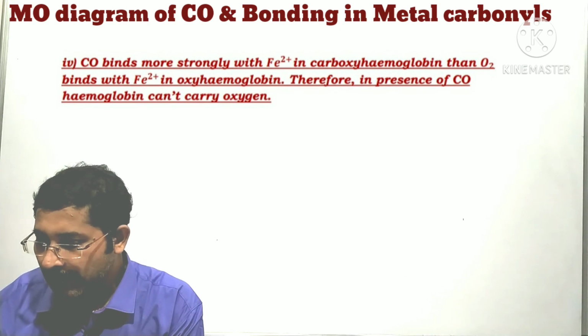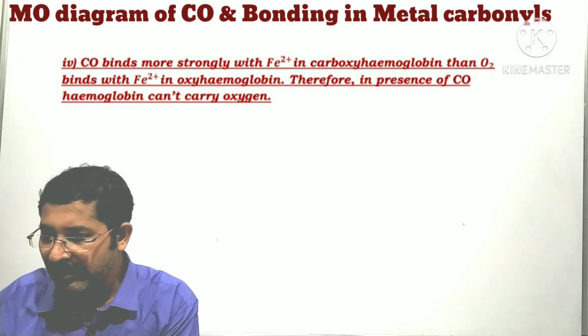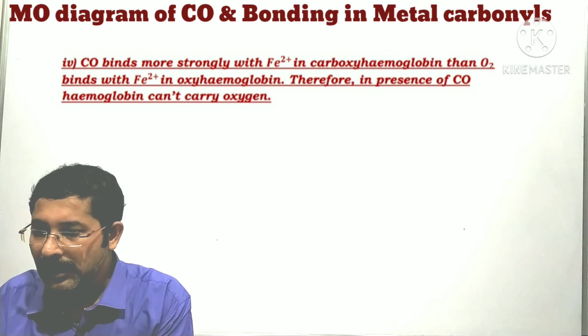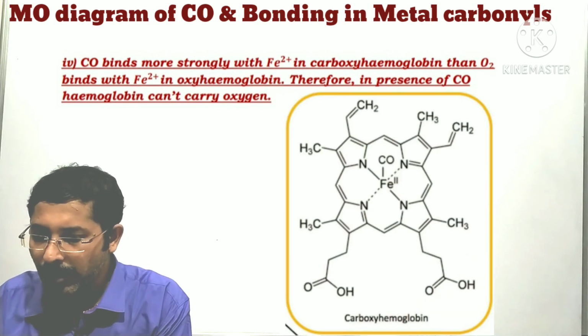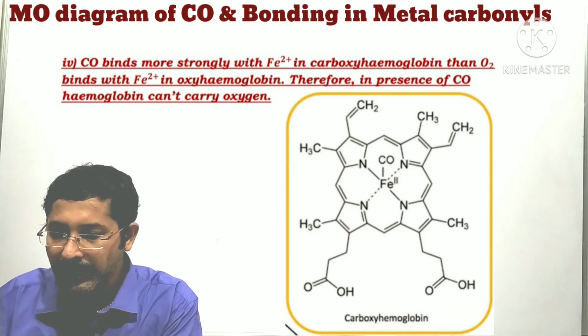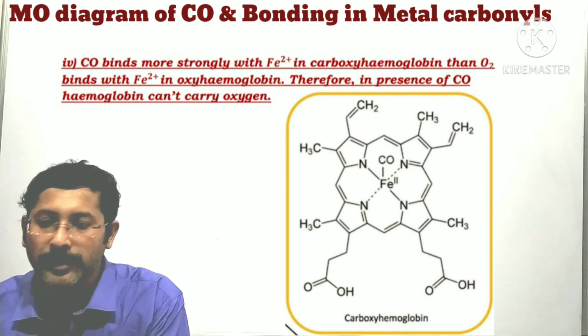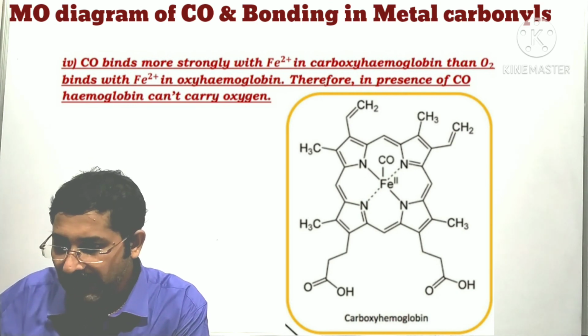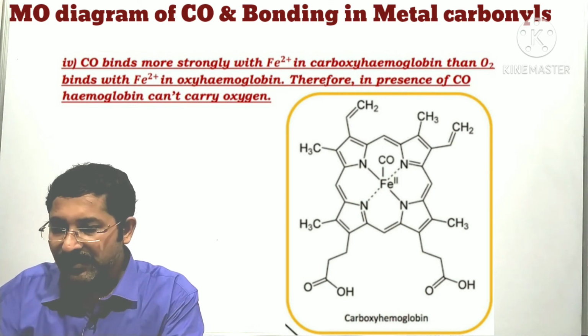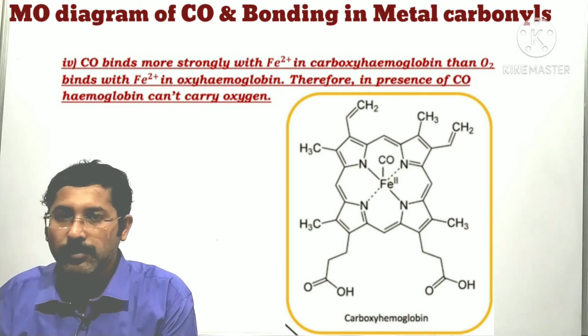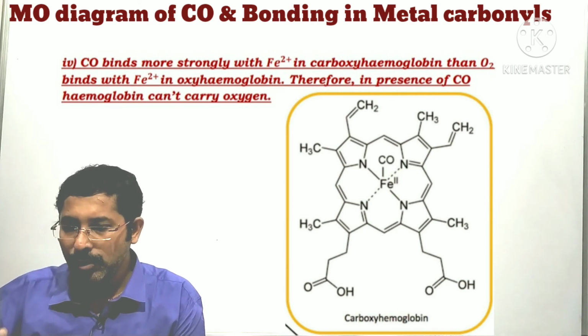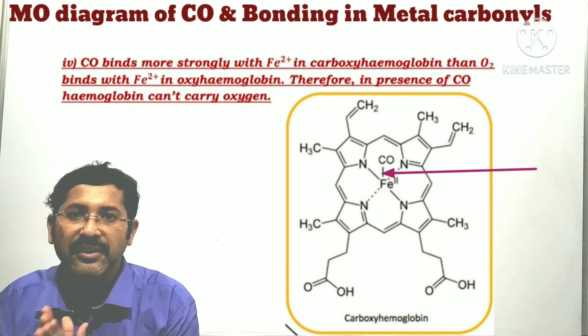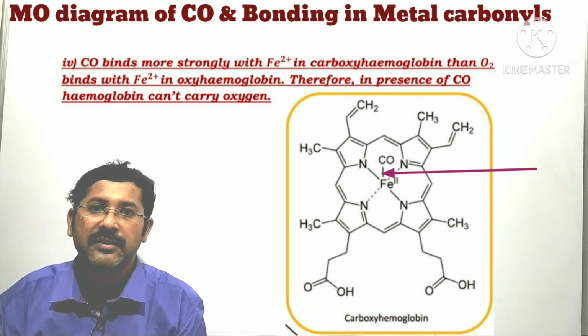But what happens in presence of carbon monoxide? Carbon monoxide combines with this hemoglobin molecule to form carboxyhemoglobin, and this is your carboxyhemoglobin molecule. In this molecule, the iron carbon bond is definitely stronger due to the synergic effect.